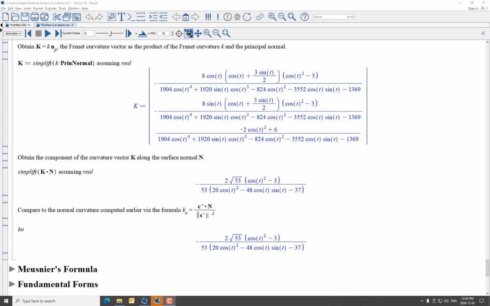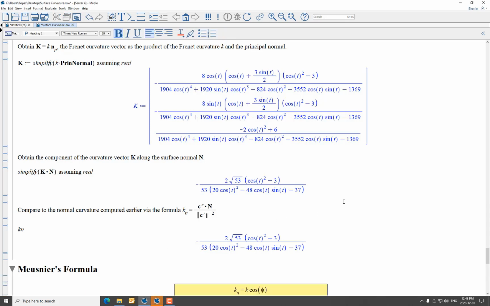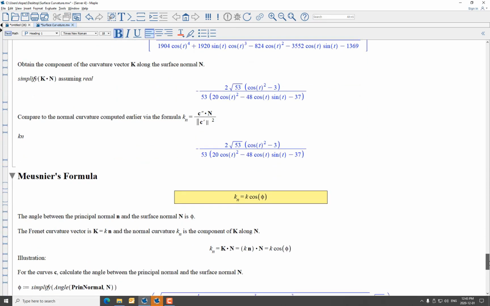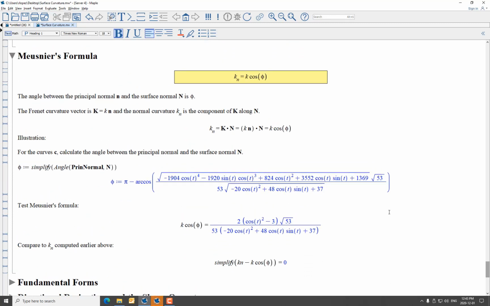Now, as you read along in various textbooks, you come across this formula attributed to someone named, I guess it's pronounced Meusnier. That's how I will pronounce it. And the formula is: normal curvature is the Frenet curvature of any curve passing through the point P on the surface times the cosine of the angle phi, where phi is the angle between the principal normal on that curve and the surface normal.